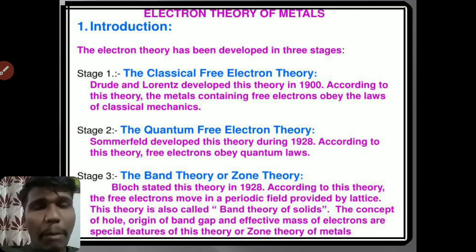And the third one is the band theory or zone theory. Bloch stated the theory in 1928. According to this theory, the free electron moves in a periodic field provided by the lattice. This theory is also called the band theory of solids. The concept of hole, origin of band gap, and effective mass of electrons are special features of this theory, or zone theory of metals.